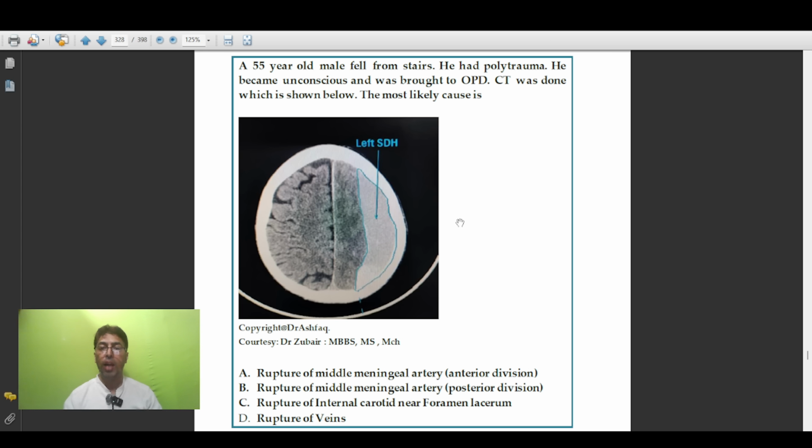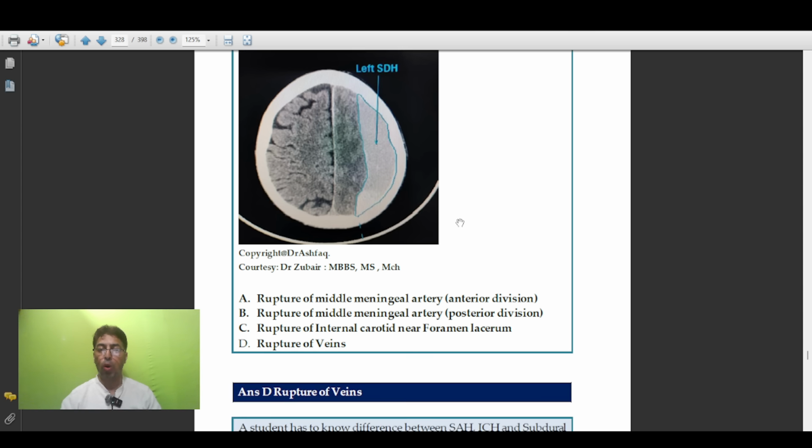So extradural hemorrhage or extradural hematoma is a result of middle meningeal artery rupture. But the SDH, so subdural hemorrhage, is a result of tear or rupture of the veins. So very important question, asking the basic etiology of SDH, and here the correct option would be option D, rupture of the veins. Very important.